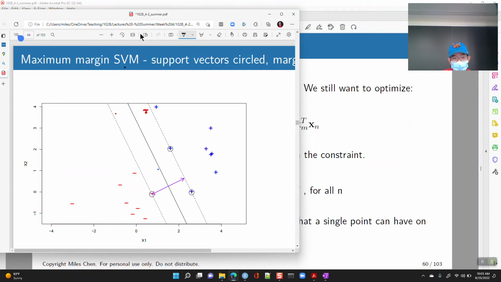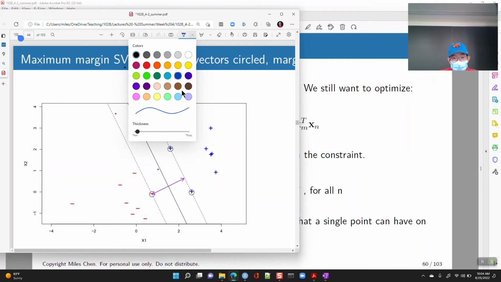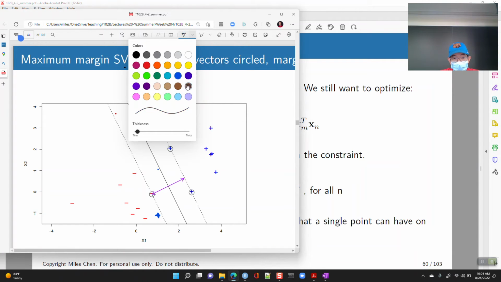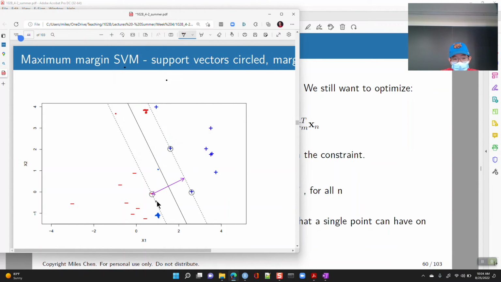Or better yet, let me put a dot over here, okay? A plus dot right here, okay? If we do that, then our boundary can't allow for this to end up on the wrong side, and so our boundary would have to look something like, it's really hard to draw a straight line on this. It would have to look something like that, okay? And that's kind of non-optimal.